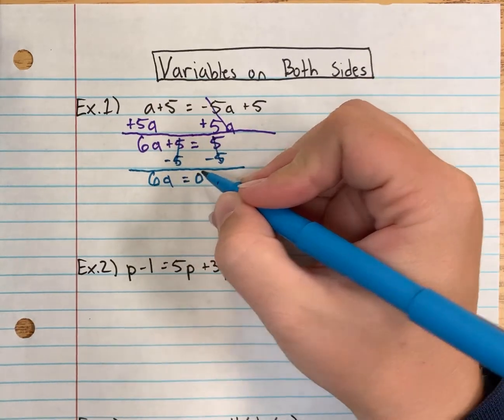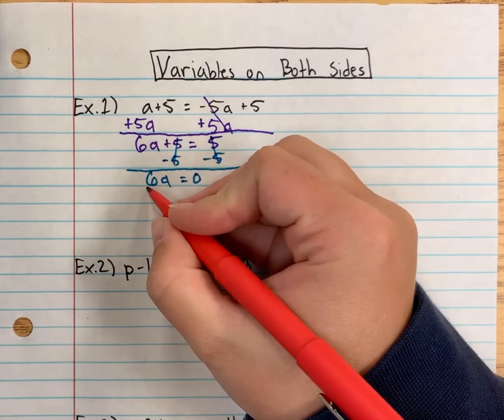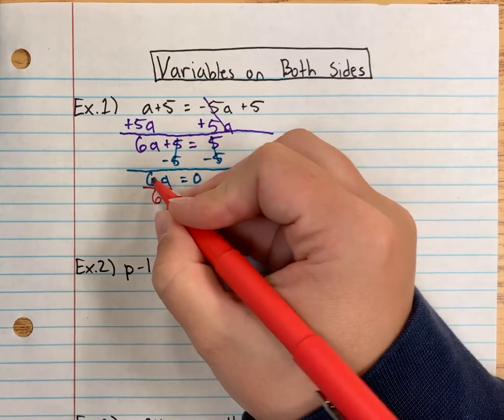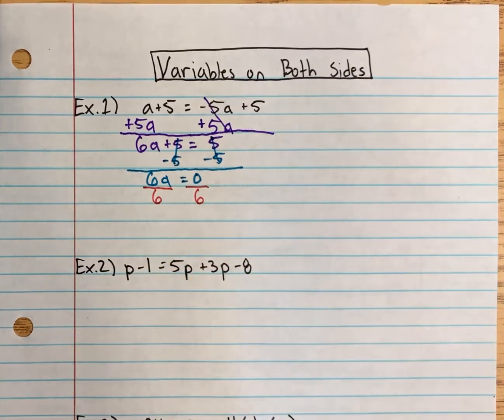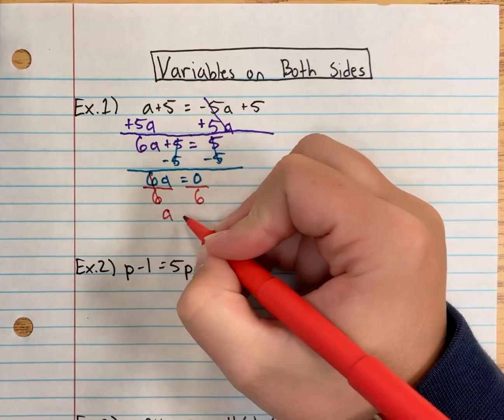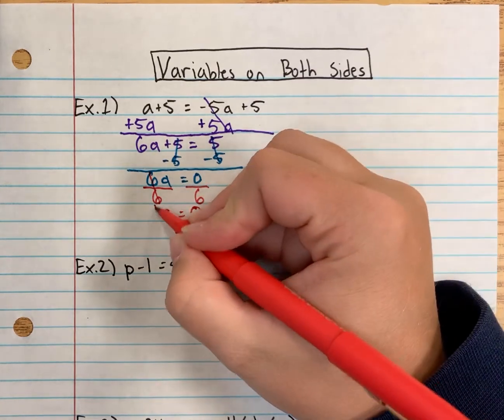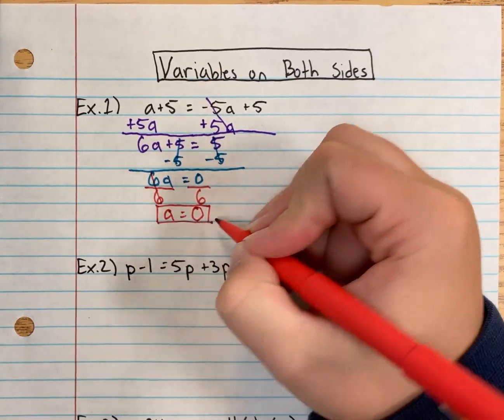So you have 6a equals 0. Okay, so now our last step is to divide both sides by 6, because we're trying to get a alone. 6 divided by 6 is 1, so you're just left with a. 0 divided by anything is 0. So a would be 0.